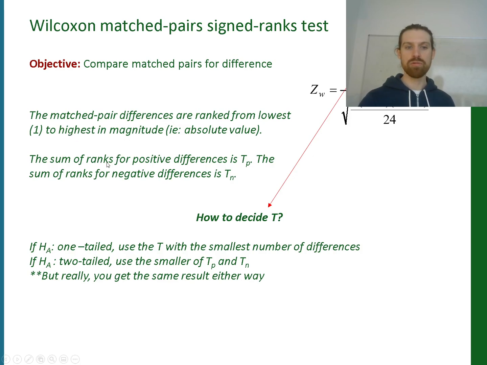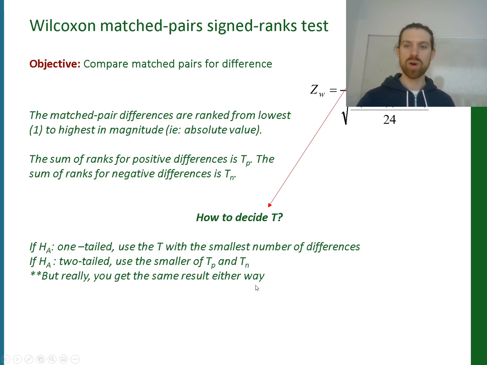The sum of the ranks for positive differences is TP, the sum of the ranks for negative differences is TN, and then we need to make a decision as to which parameter we use. For a one-tailed alternative hypothesis, use the T with the smallest number of differences, or if we have a two-tailed alternative hypothesis, we use the smaller of the TP and the TN.